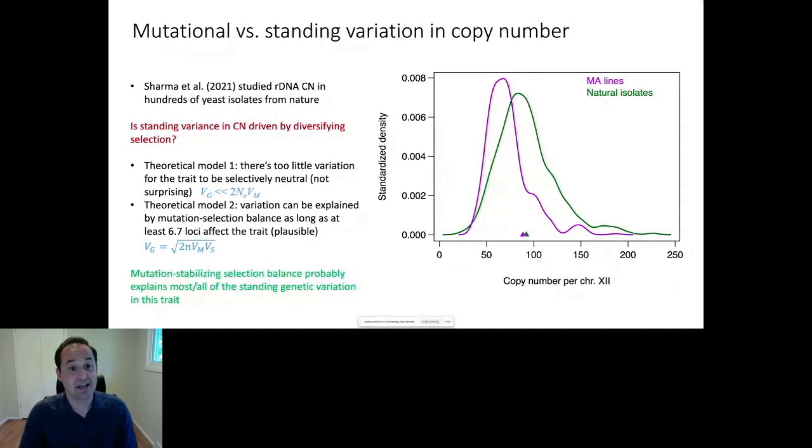So first we can say there's too little variation here for this trait to be selectively neutral based on the mutational variance, so that's not too surprising at all. And then we can also say that the variation that we see coming from mutation combined with the stabilizing selection on this trait does seem to be able to explain the standing genetic variation. So in other words, mutation stabilizing selection balance is probably a good explanation for the variation that we're seeing in nature.